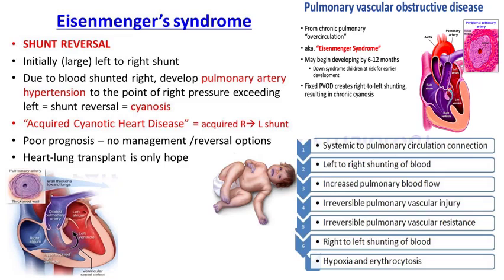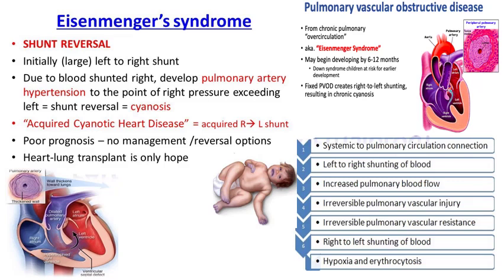What happens here is, because of the ventricular defect, the blood from the left ventricle also comes on to the right ventricle, and then it passes on to the pulmonary trunk.